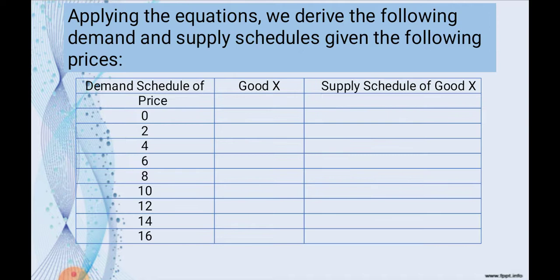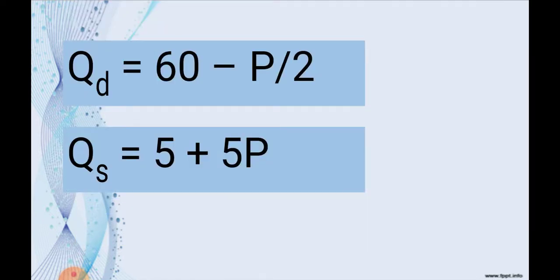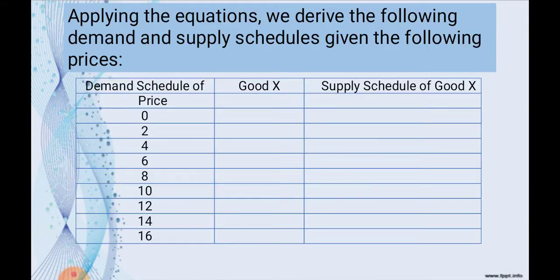Applying the equations, we derive the following demand and supply schedules given the following prices. The prices are given: 0, 2, 4, 6, 8, 10, 12, 14 and 16.